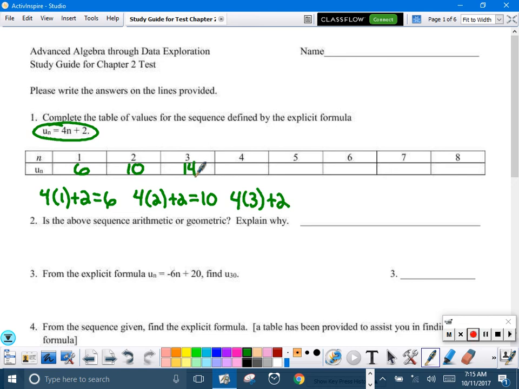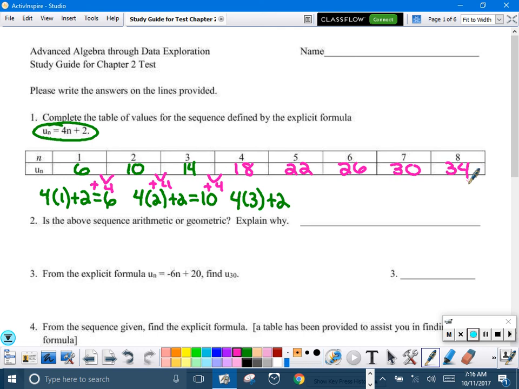Once you see the pattern, you do not have to keep plugging the numbers in. Okay, you can see that the pattern is going up 4. So now we've got 18, 22, 26, 30, 34.